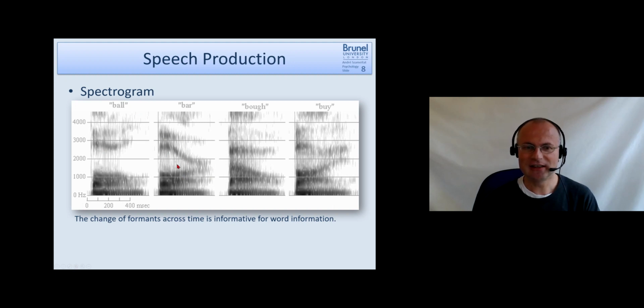So we see that the change of formants across time is informative to see what word it is. What's also interesting is here we have bow, and we have a different sound after the B, and we get a different formant here while it's higher here.